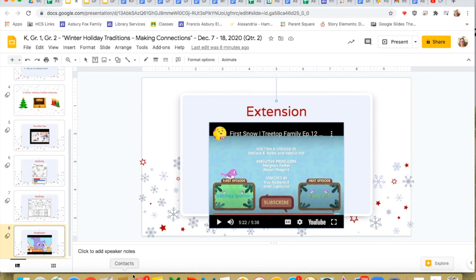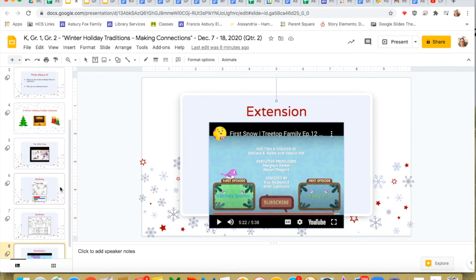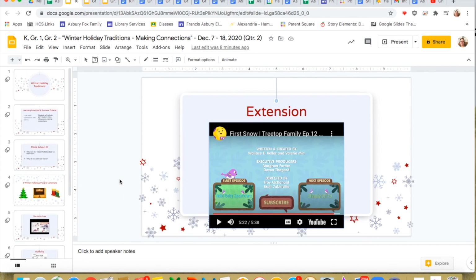Okay, good job, guys. So I hope you enjoyed that. I hope you enjoyed doing these two activities, and I hope you've had a chance to color. And again, if you weren't able to print these out, and you want to draw your own winter picture for Miss T and take a picture and send it to me, I would love to see it. I hope that you guys enjoyed doing a winter holiday making connections.